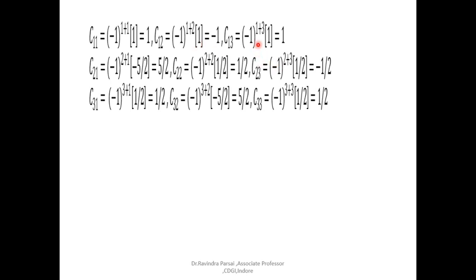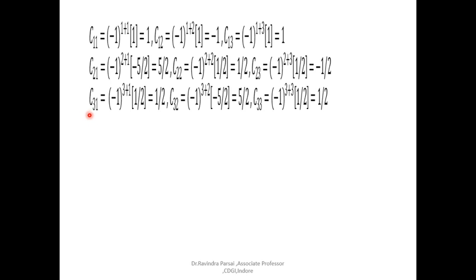Similarly, the first row, third column cofactor is 1. Then for the second row, first column element, the minor is minus 5 by 2, so the answer is plus 5 by 2. Then C22 you will get minus 1 to the 2 plus 2 times 1 by 2, that is 1 by 2. Then the cofactor of the second row, third column element is minus 1 to the 2 plus 3, so that's why minus 1 by 2.